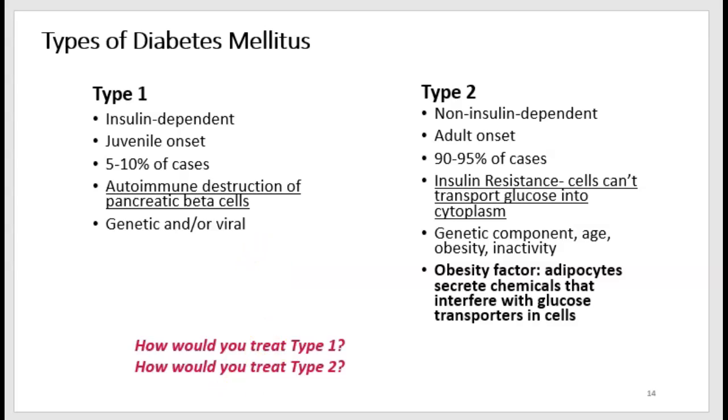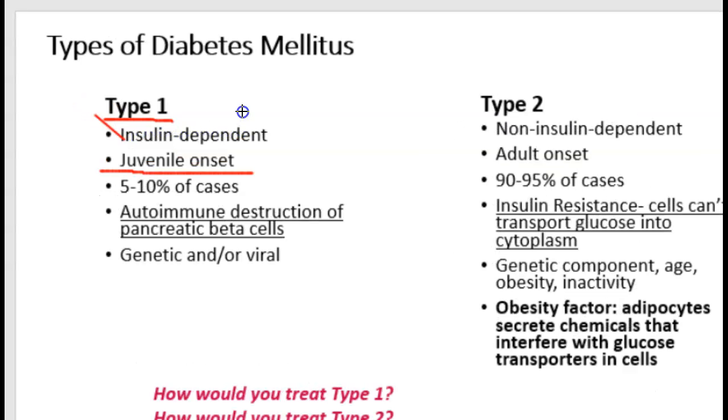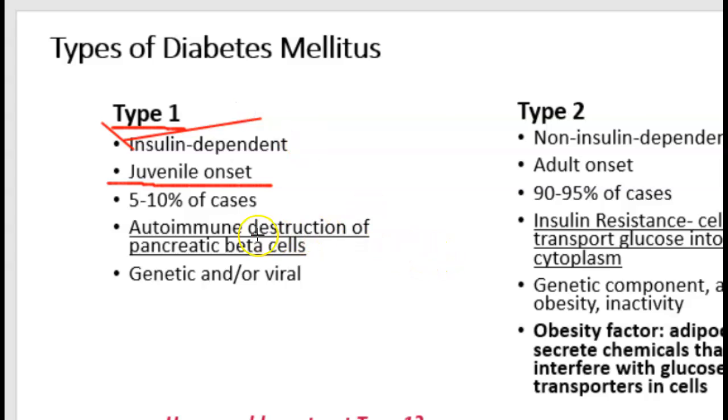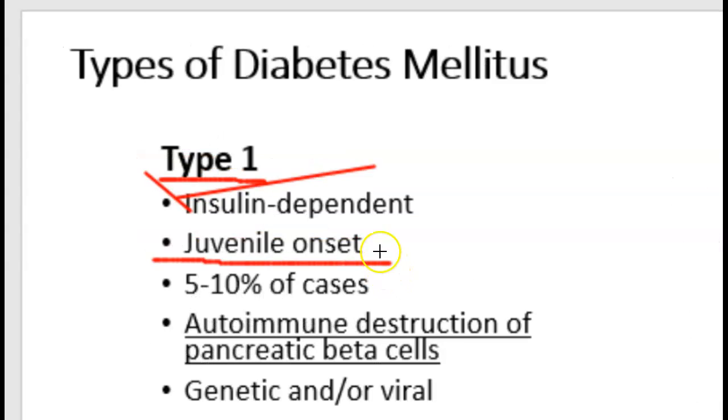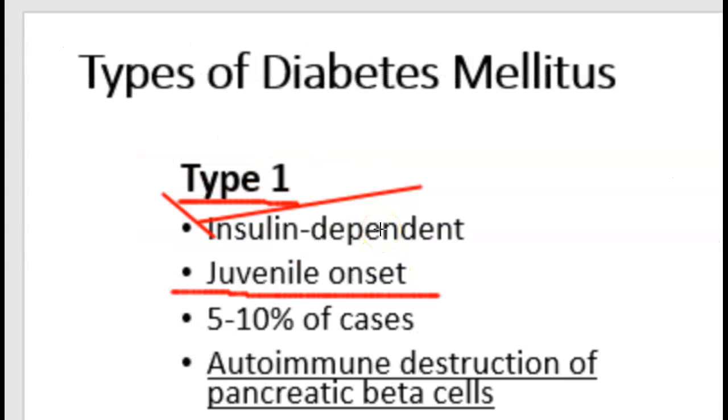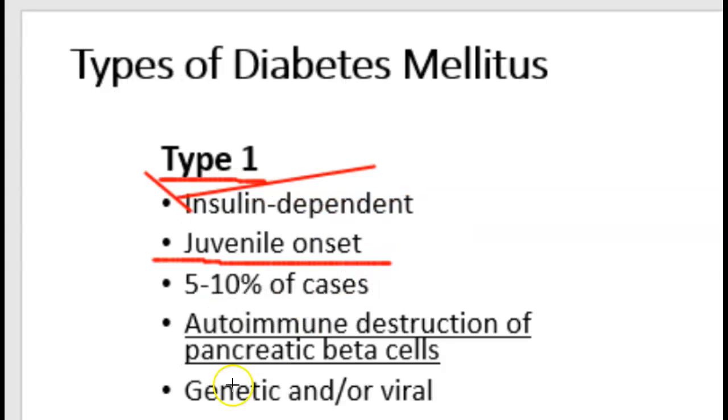Now, the type of diabetes that I've been talking about is type 1 diabetes. Sometimes it's called juvenile onset, although there are other classifications now. But what I think is most important is to recognize that this type of diabetes is dependent on insulin. What has happened is the beta cells in the pancreas have been destroyed, or they're not producing as much insulin.